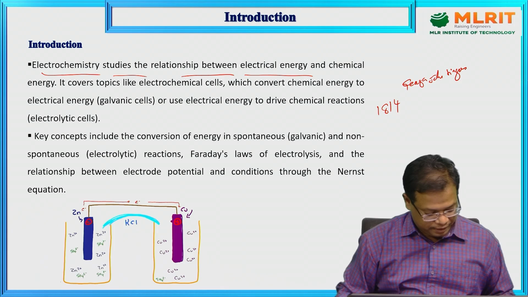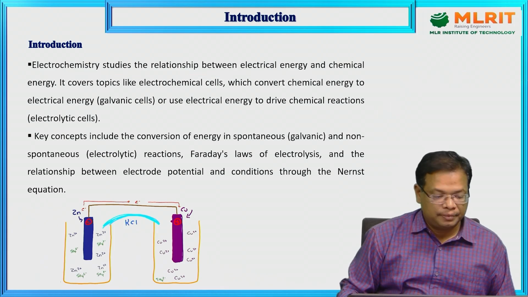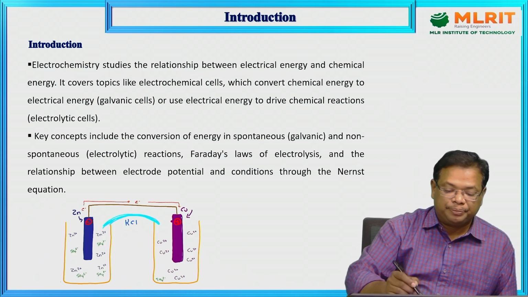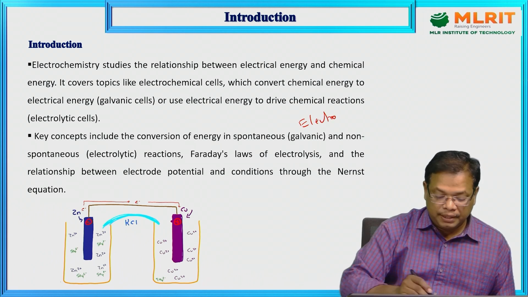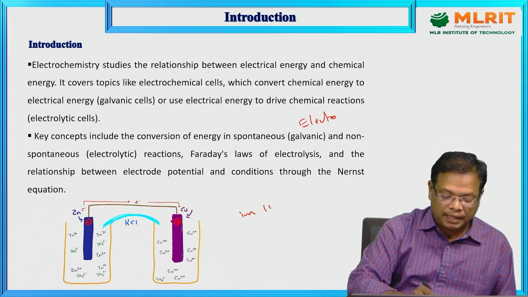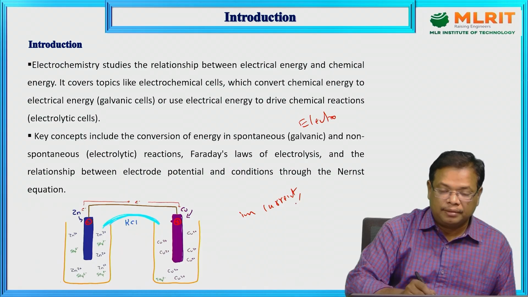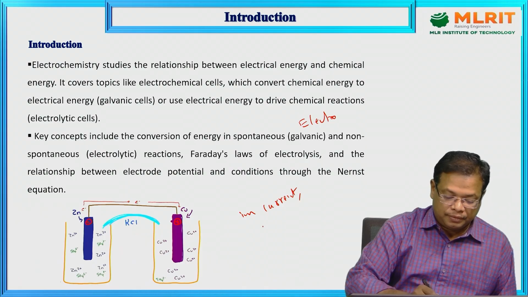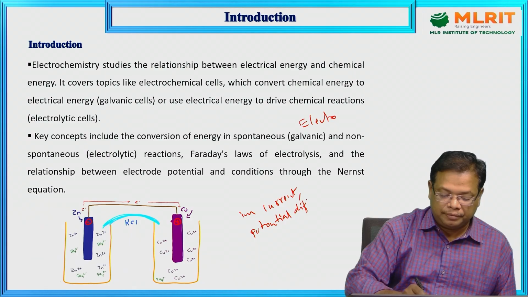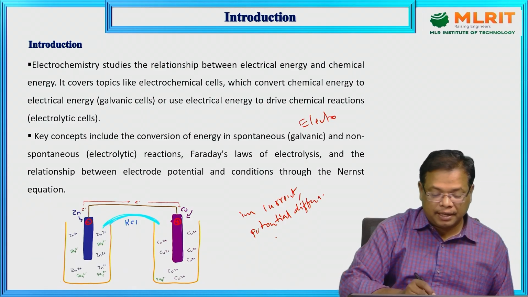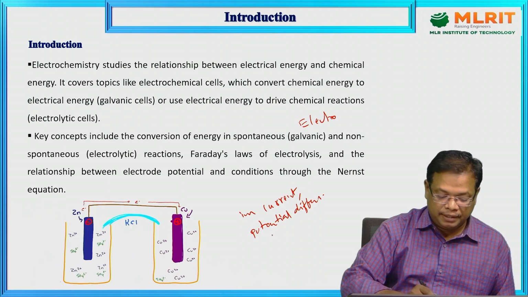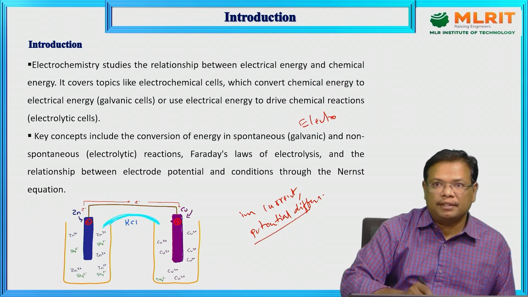So in electrochemistry, electro involves current and potential difference, it involves the current flow or electricity and electrode potential difference.